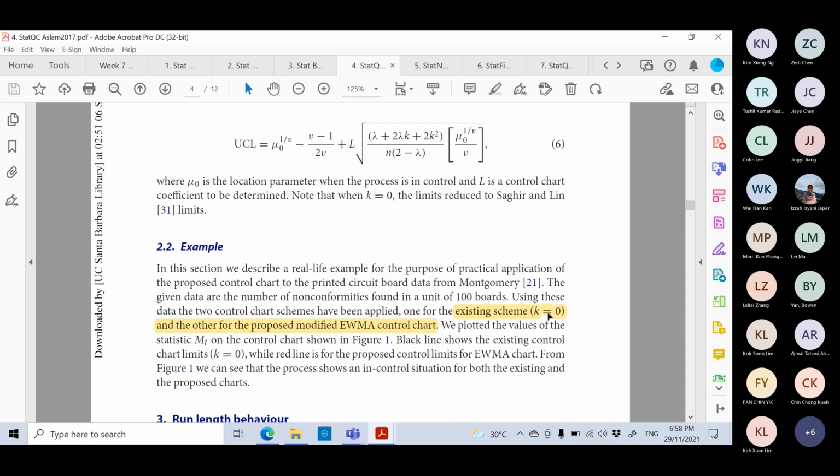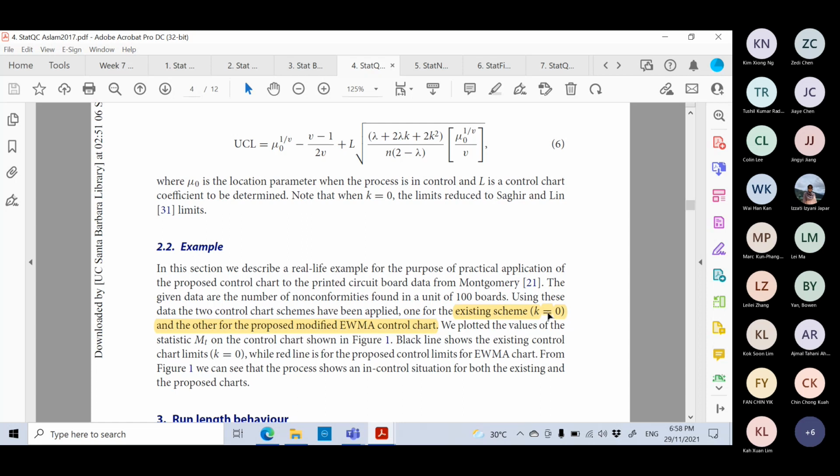Okay, but for the example here, they took the example from a textbook, because when you carry out research, especially theoretical research, you have an idea, but how are you going to get the data? Some data is from a company, where it is very hard for you to get the data, or some data you need to buy.